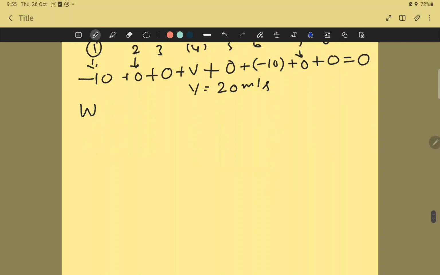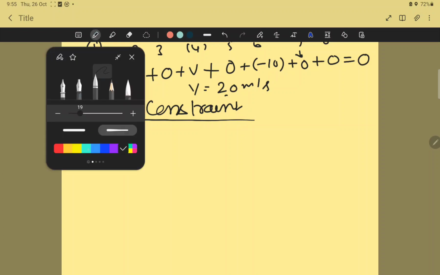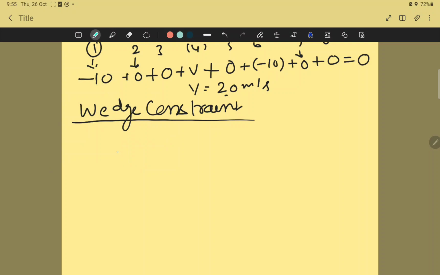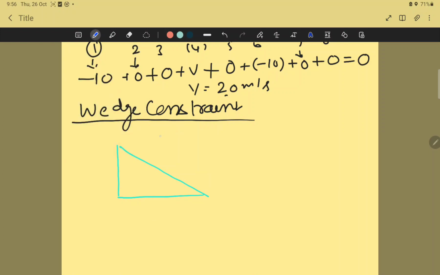Last it is called as wedge constraint. Now as far as the wedge constraint is concerned, let's take this is the portion.